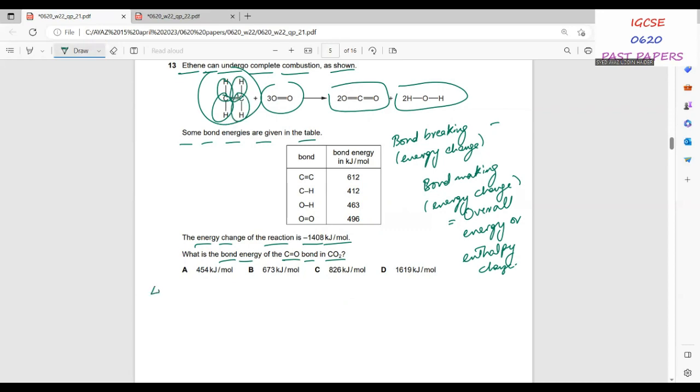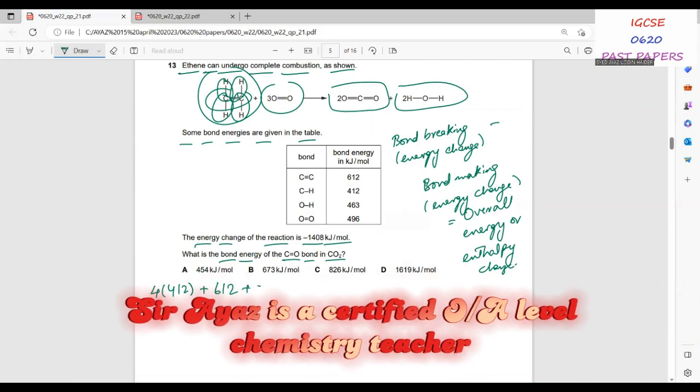So we will multiply 4 by 412, plus 1 C double bond C, 612, plus 3 O2 bonds, so we will multiply 3 by 496. Put all this under the bracket minus the product. On the product side, we have 2CO2.